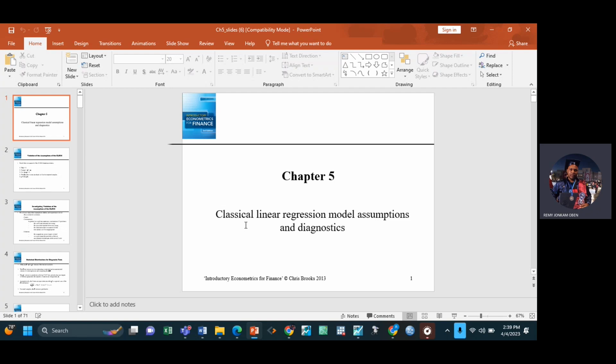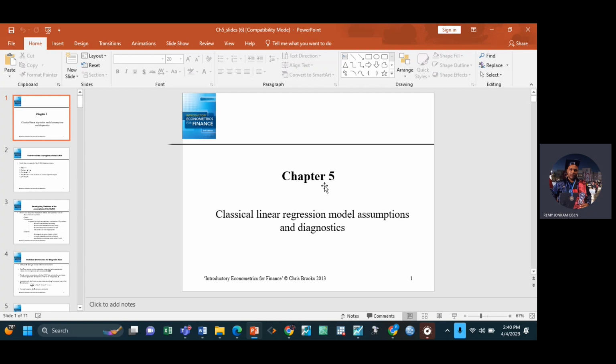No. That total sum square with the assumptions and the goodness of the statistics. R squared. Chapter 4. You did chapter 4, not chapter 5, right? Yes. I don't know. Okay, no problem, it's fine.